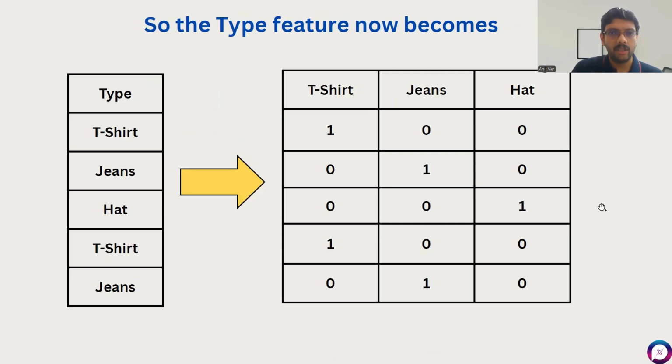And so what would happen now is the input feature called clothing type would get replaced by 3 input features. It would be t-shirt, jeans, or hat. So effectively saying, is it a t-shirt, is it a jeans, or is it a hat? If it's a t-shirt, it cannot be a jeans. If it's a jeans, it cannot be a hat or a t-shirt, and so on, right?